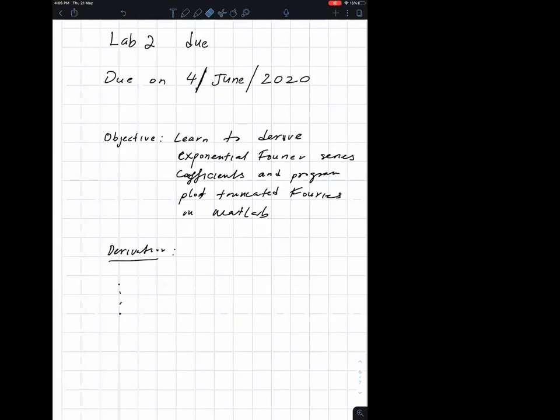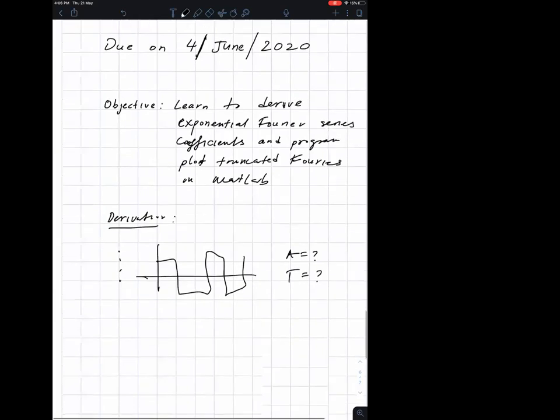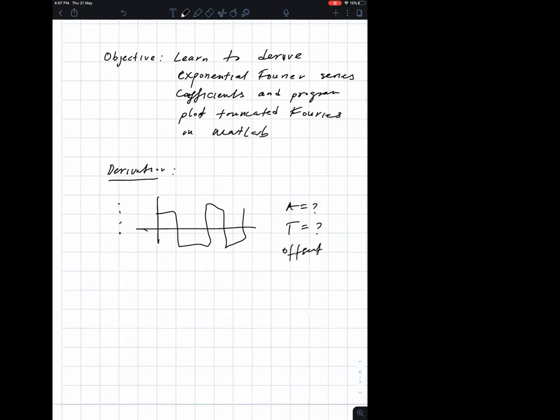Show me your square wave, your offset, your period, everything: A, T, N, amplitude, offset. Just show it and then derive it.